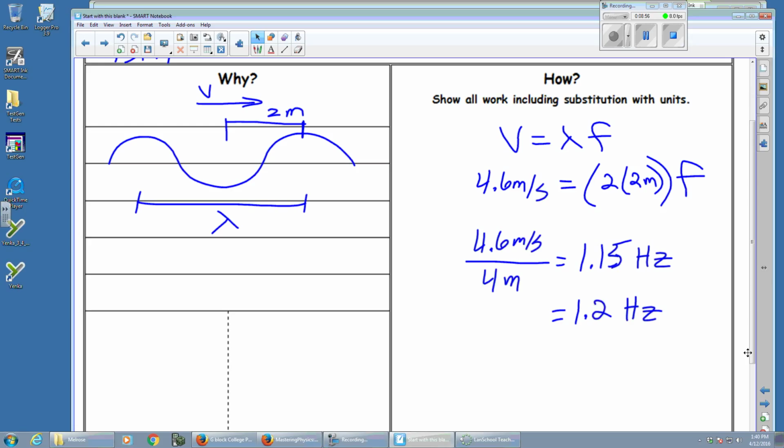How far is it between Michaela and I if the wine bag is halfway? Yeah, 12 meters. So if from the crest to the trough is 2 meters, how far is it from the crest to the trough to the crest? So how far is it on yours? So how far, what's your wavelength?